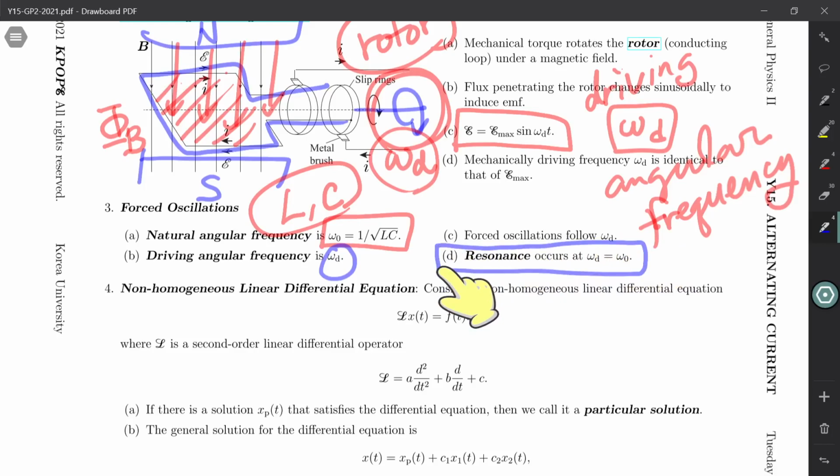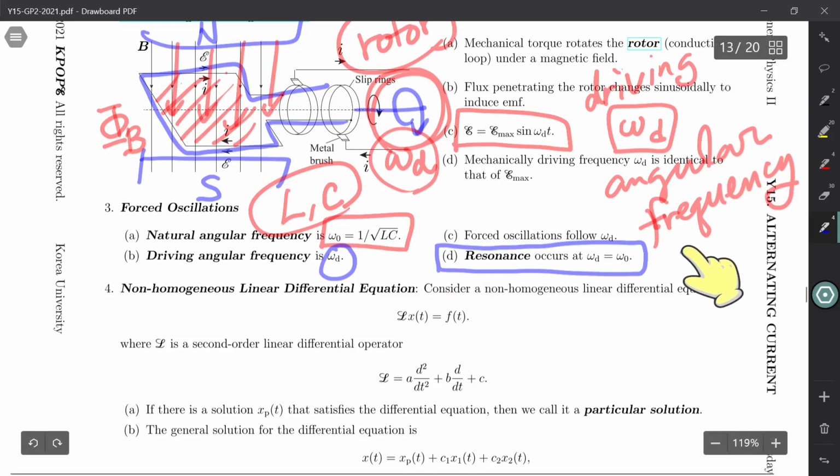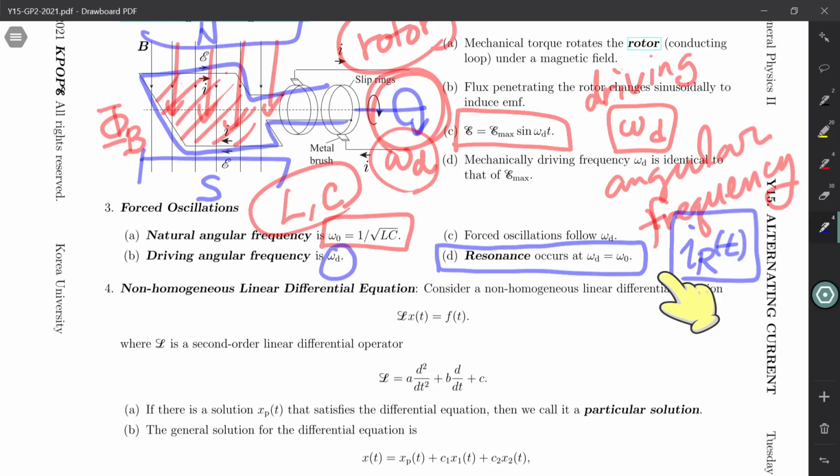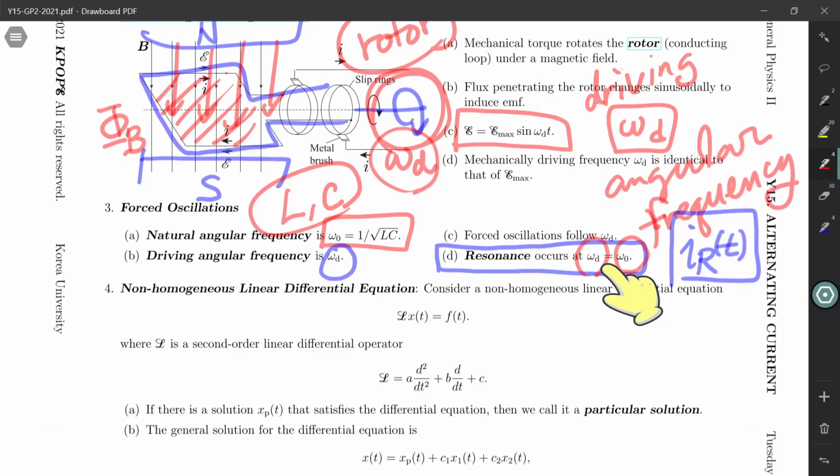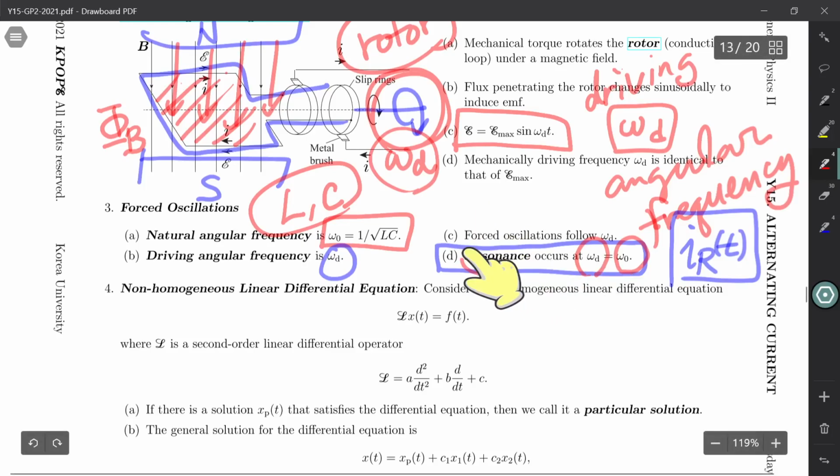That means the driving frequency dependence appears in the amplitude for the current I passing the resistor, and the maximum value is achieved when the driving frequency is the same as the characteristic frequency of the circuit. That is called resonance.